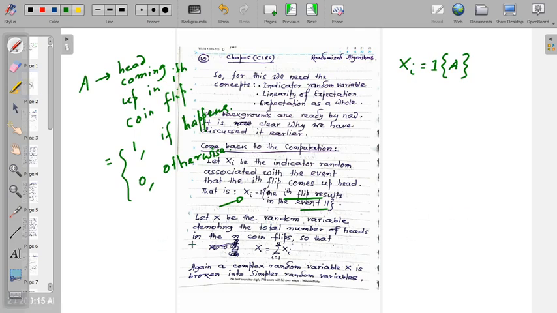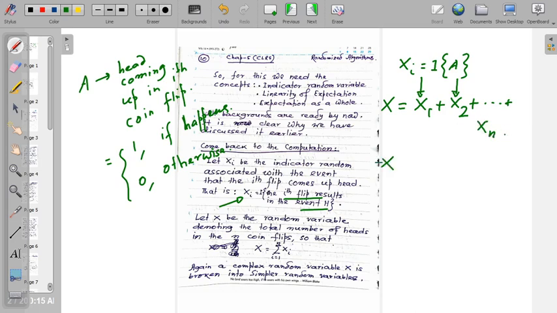So let X be the random variable denoting the total number of heads in n coin flips. Then X will be equal to what? X1 is counting whether a head comes up in the first coin flip, plus this random variable counting whether a head comes up in the second coin flip, and so on up to Xn.